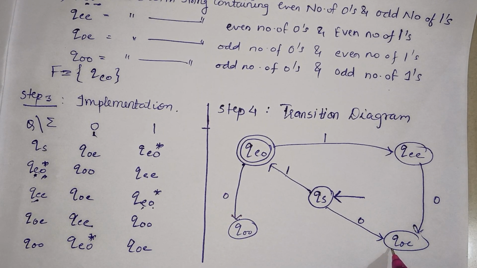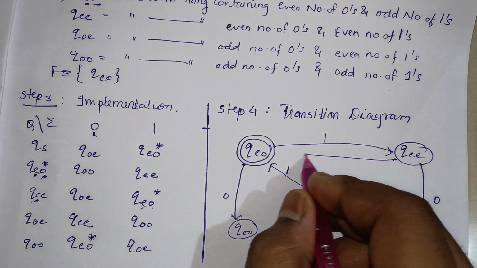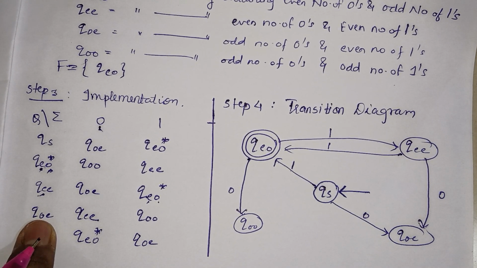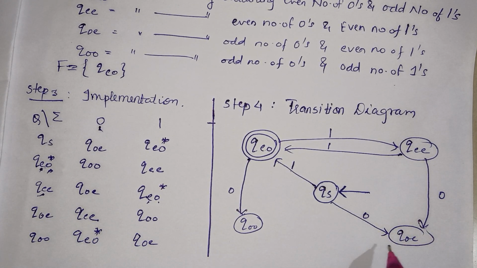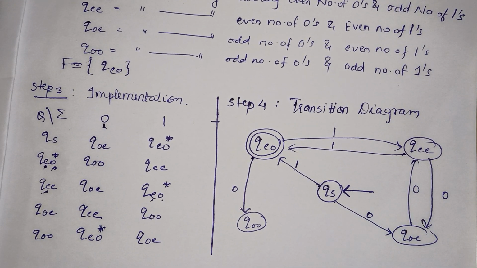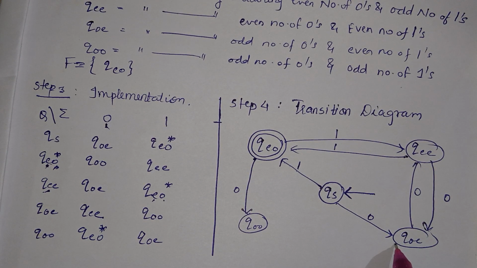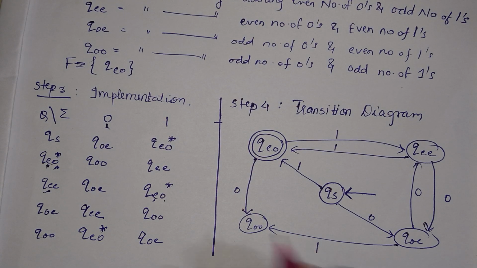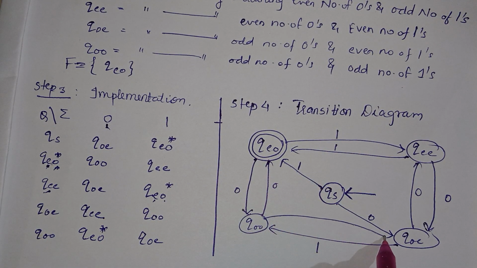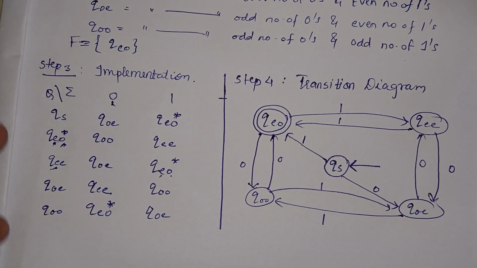When QEE receives 1, it is going to QEO. Same QOE receives 0, it is going to QEE. QOE receives 1, it is going to QOO. Same QOO receives 0, it is going to QEO, and on 1, it is going to QOE. This is our transition diagram.